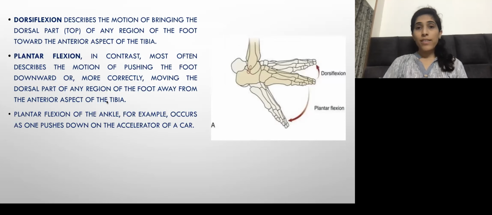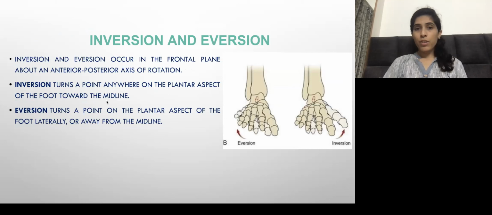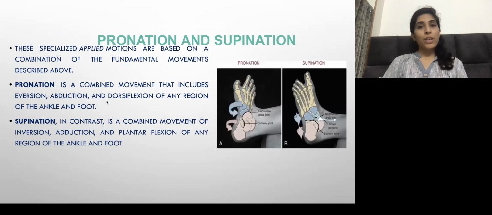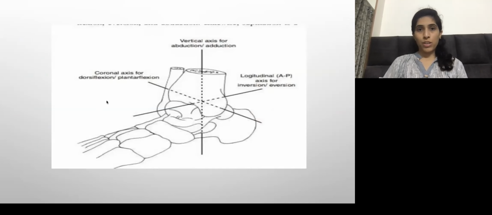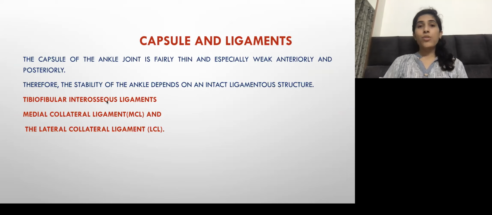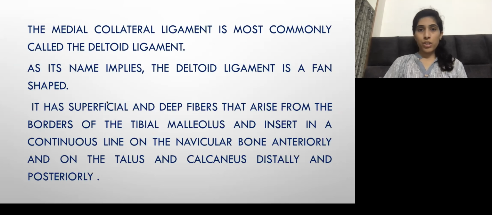Then we studied the different motions: dorsiflexion, plantarflexion, inversion, eversion, abduction, adduction, pronation, and supination. Then we saw the ligaments and capsules: medial collateral ligament, lateral collateral ligament, and tibiofibular interosseous ligament.